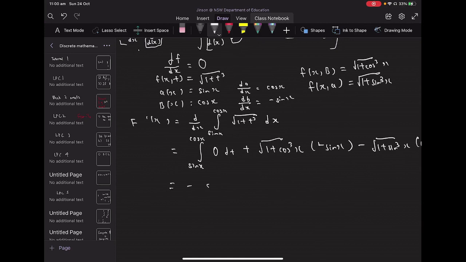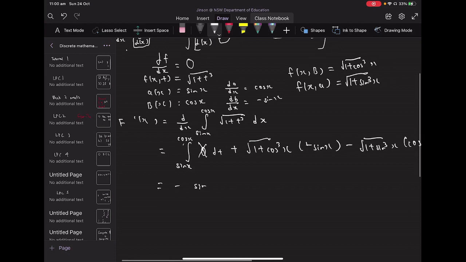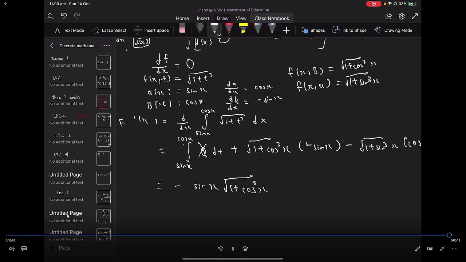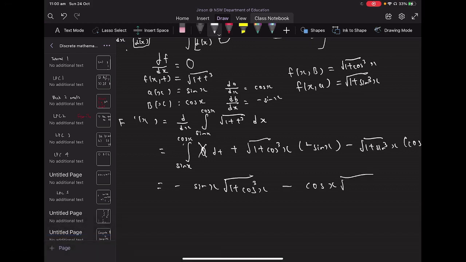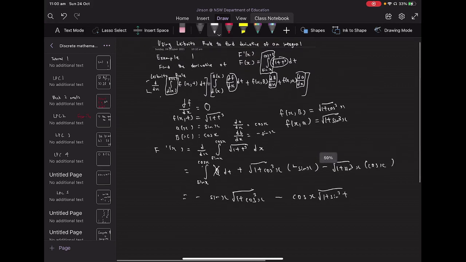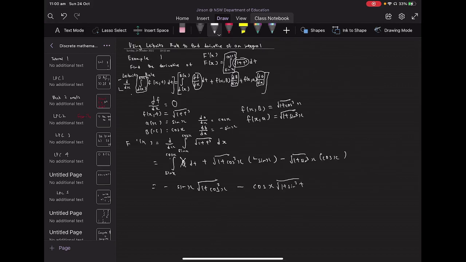We just get rid of the integral part because it's just 0. So it'll just be negative sine x times the square root of 1 plus cos cubed x, minus cos of x times the square root of 1 plus sine cubed x. And that's how you use the Leibniz rule to find the derivative of an integral.